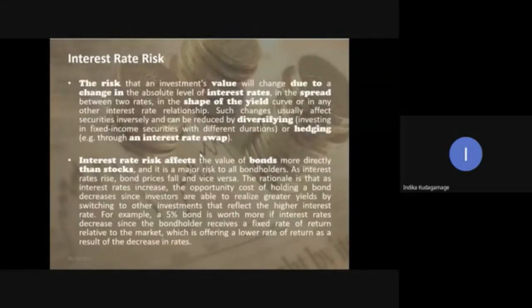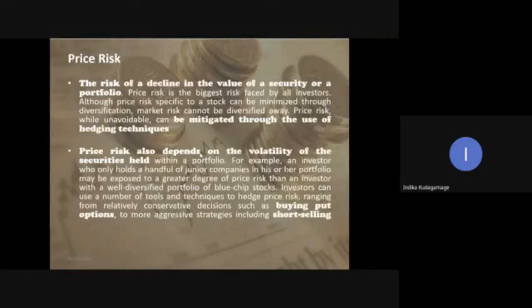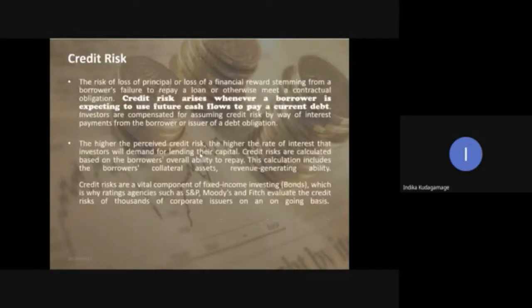Then interest rates going up and down will affect the bond market. So any risk arising from interest rate changes can be tackled through derivatives. Then price fluctuations, gold price, oil price, whatever, anything related to price fluctuations can be tackled through derivatives. Then the credit risk.